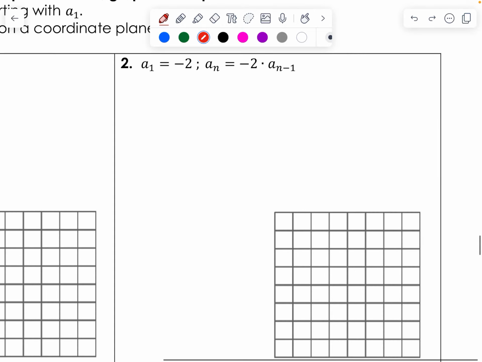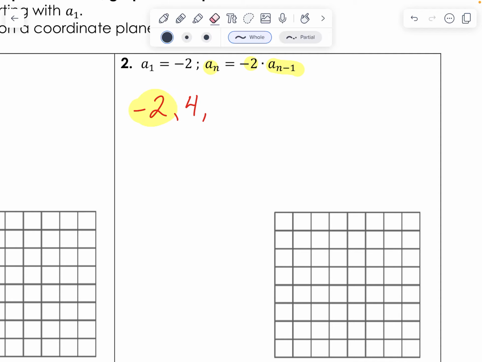On 2, same idea. I need to know the first term. Without this first term, I cannot do anything. But this recursively defined sequence says for any term, take -2 times the term before it. So if I have one term, I can multiply it by -2, my rate, and get +4.